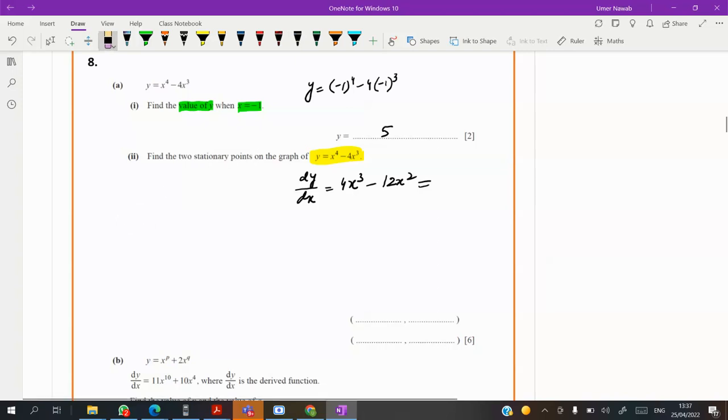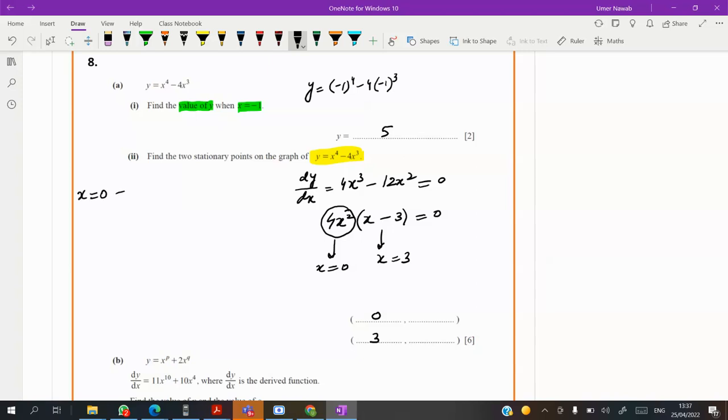So I'm going to put it equals to 0. Is there anything common in them? Answer is 4x squared is common. x minus 3 will be left inside the bracket. So this will give us x is equal to 0, and this gives us x is equal to 3. So 0 and 3. The corresponding y coordinates, we need to plug these values.